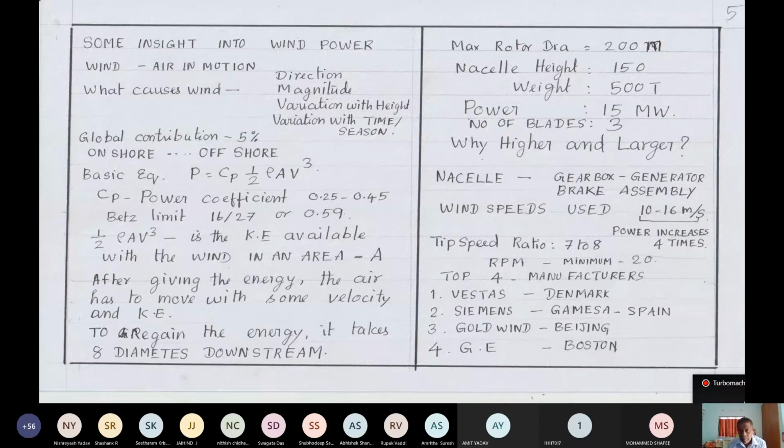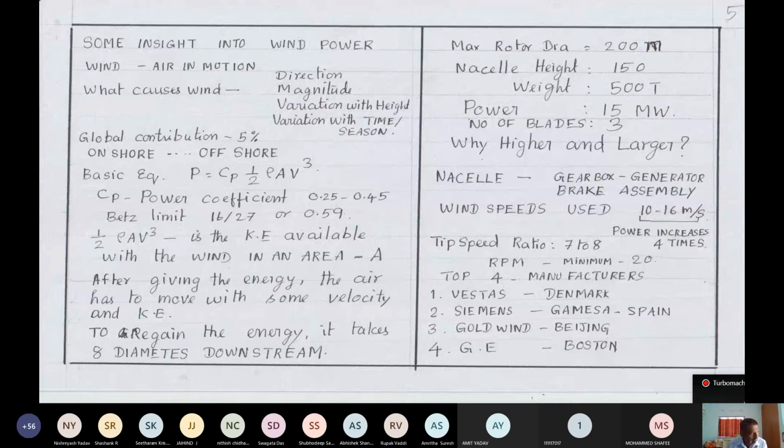Power is equal to half rho A V cube. But you cannot harvest all this energy. See, after giving the energy, if the air comes to rest, the system will not work. The air has to move away with some velocity, and along with that it will carry kinetic energy.